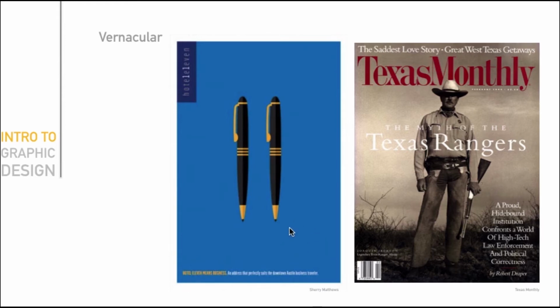This is for a hotel that is reaching out to business people. So they're using a Mont Blanc pen. The hotel has an 11 in its name. So we have two pens forming an 11. It's very simple. It catches the eye, and it actually talks about the things that business travelers are concerned about.